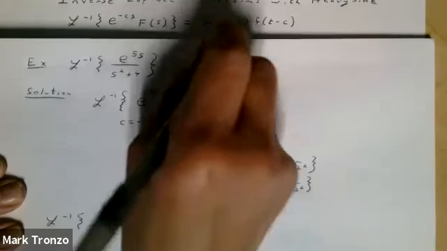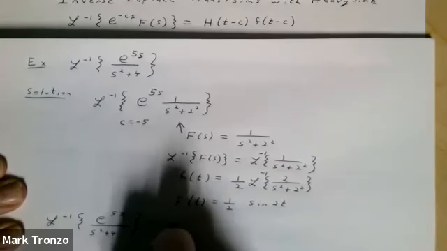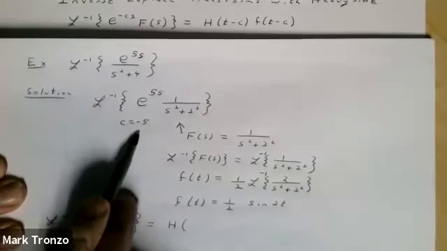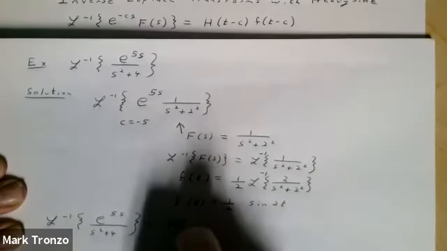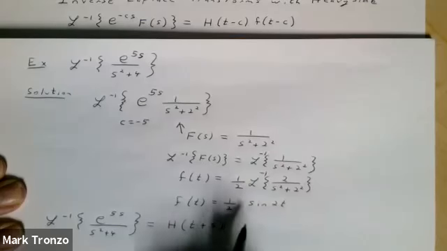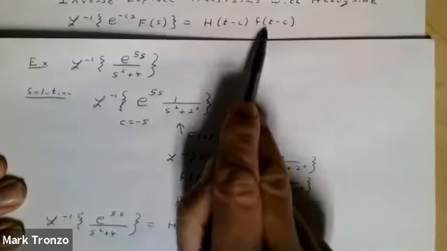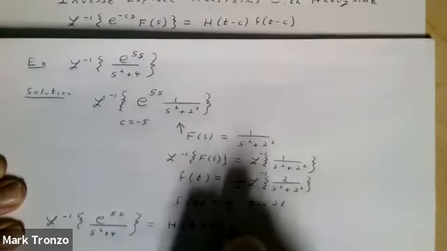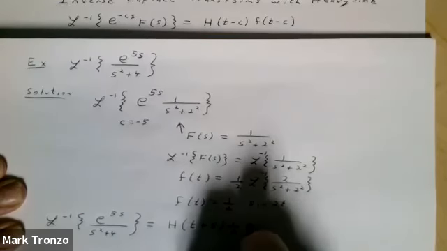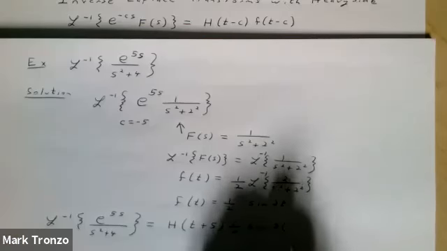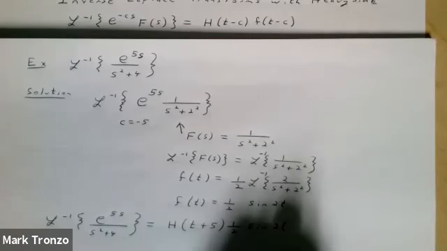Just substitute everything in: it equals h of t minus c, but c was minus 5, so it's going to be h of t plus 5. And then f with t replaced by t minus c, so it's 1/2 sine of 2, where t is replaced with t minus c.